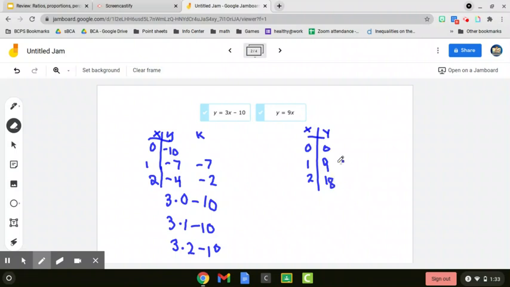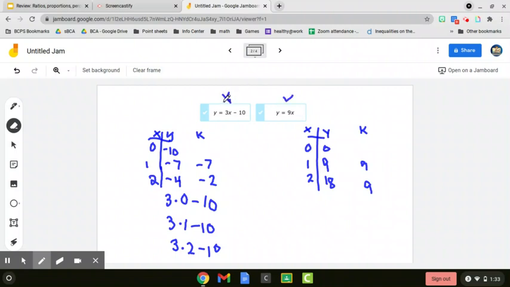So let's check and see. 9 divided by 1, our constant of proportionality for this row is 9. 18 divided by 2, our constant of proportionality for this row is 9. So this one is proportional.